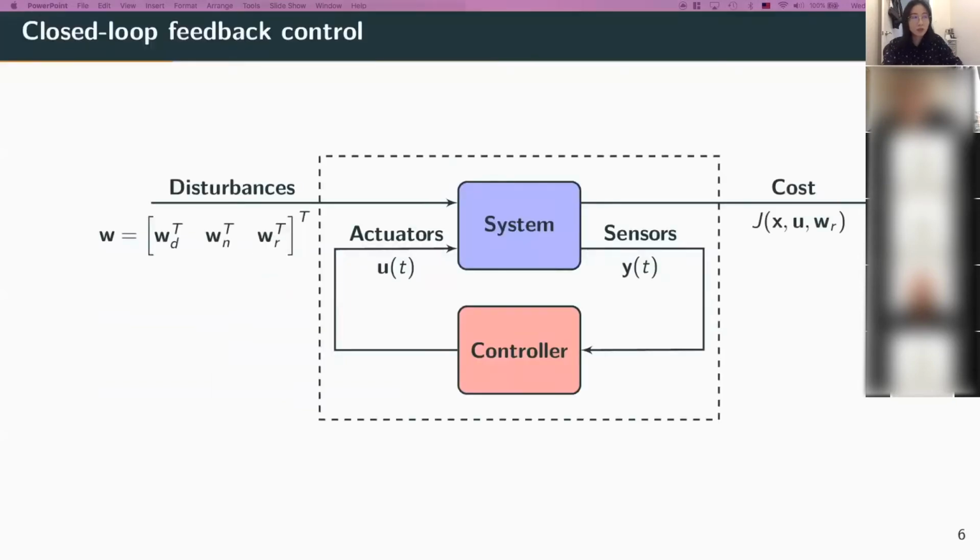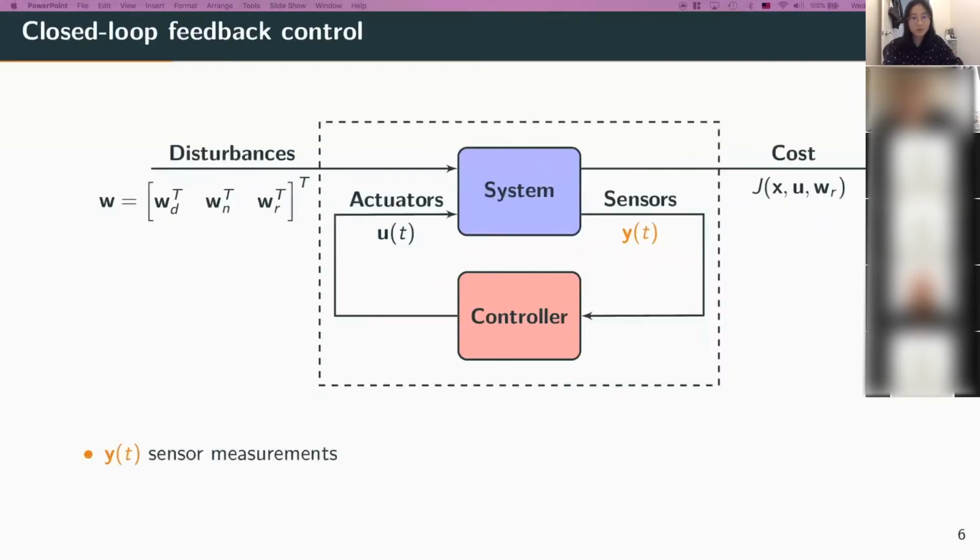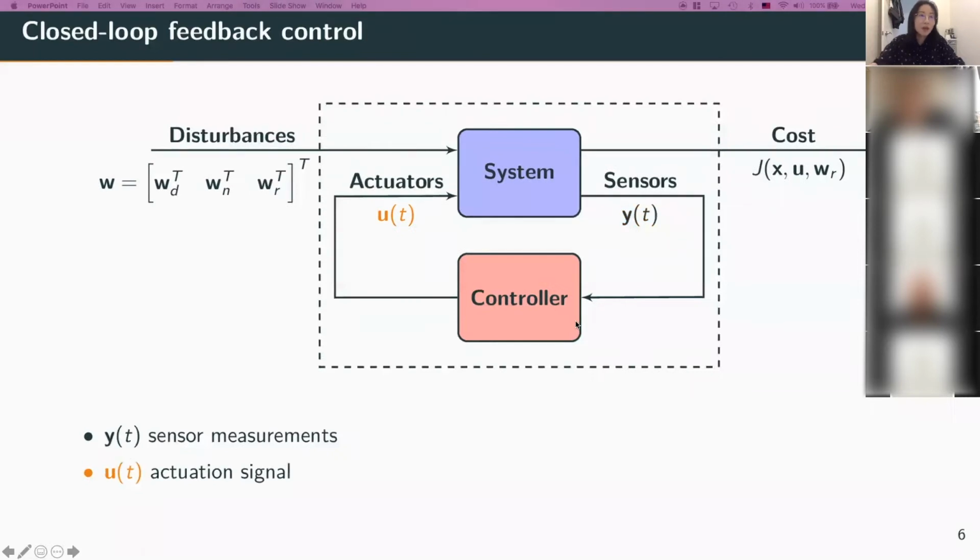Okay, so this is an illustration of the general framework for closed loop feedback control. Here, if you can see my cursor, y(t) is a vector of sensor measurements that comes out of the system and gets fed into the controller. The controller then outputs this u vector, which is a vector of the actuation signals.